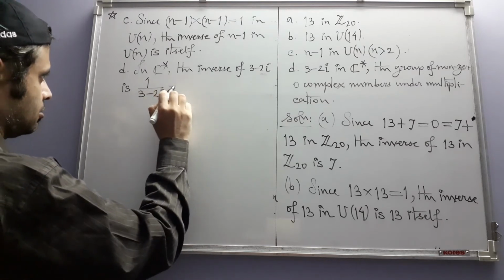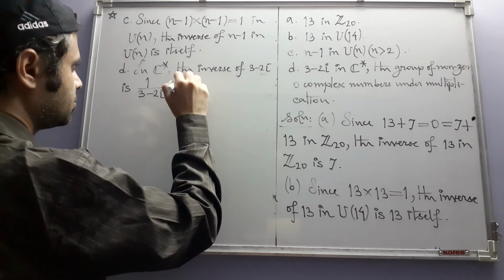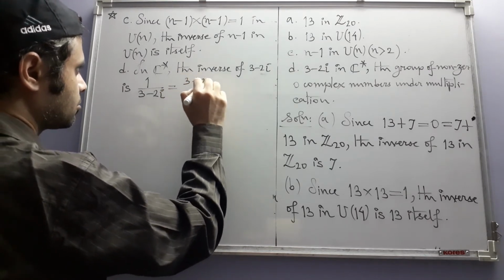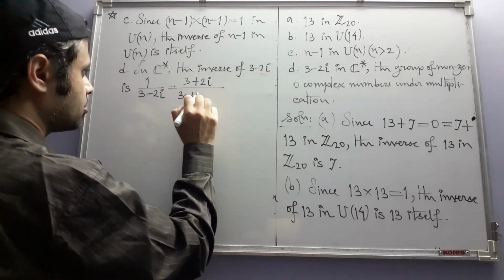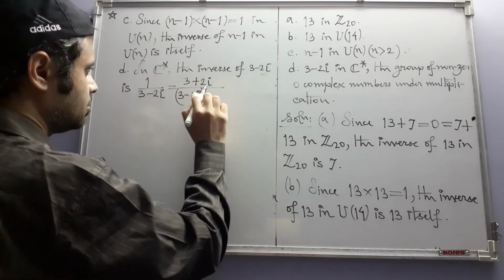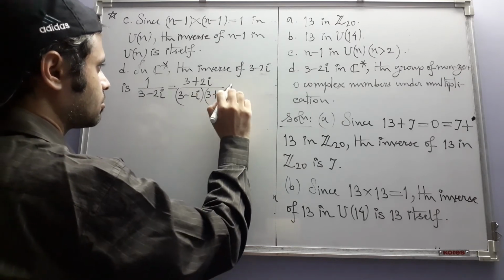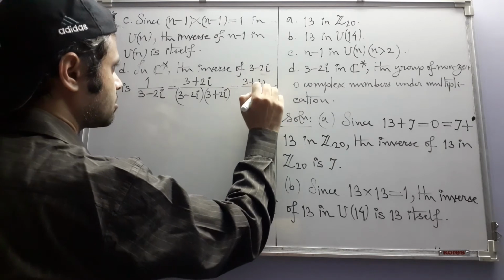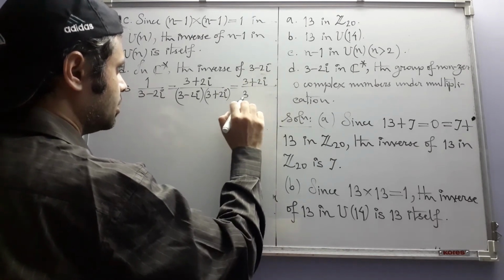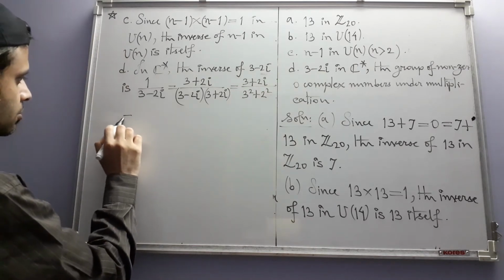this, but let's express this in standard form. You multiply and divide by the complex conjugate of the denominator. So that gives us 3 plus 2i divided by 3 square plus 2 square.